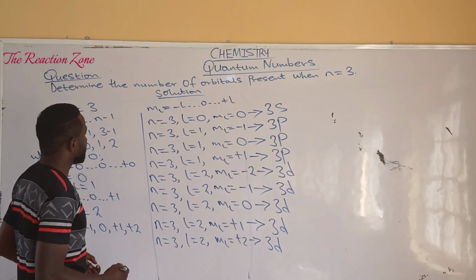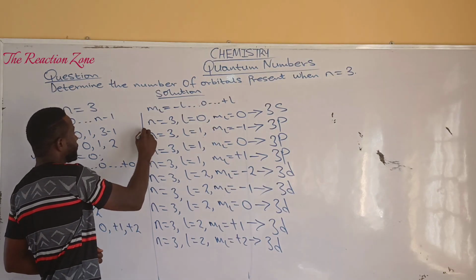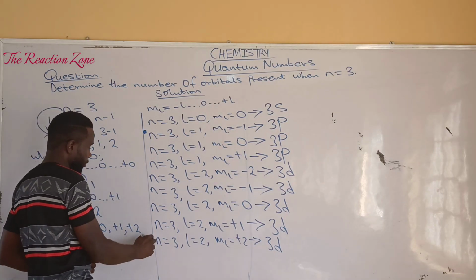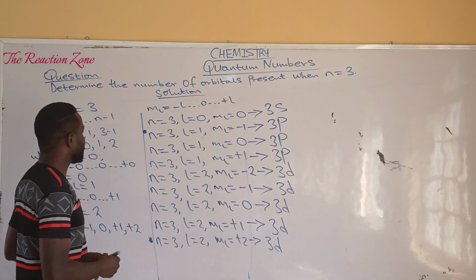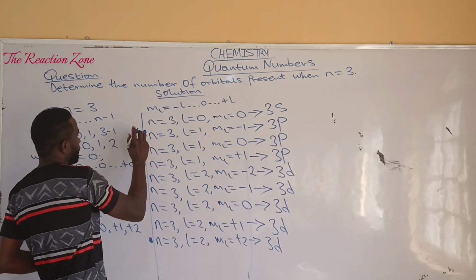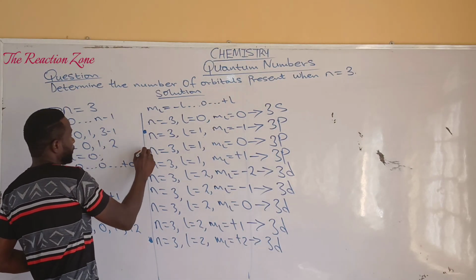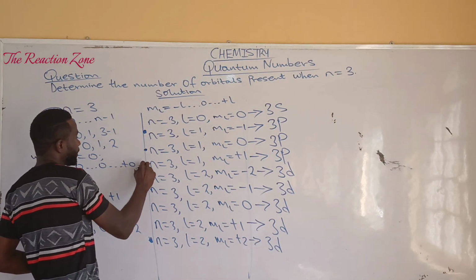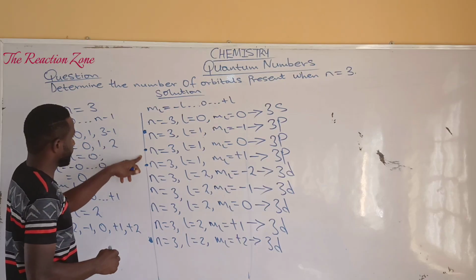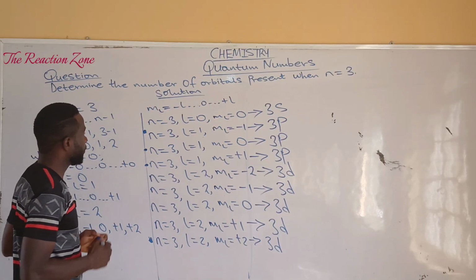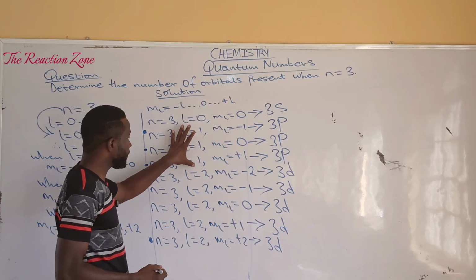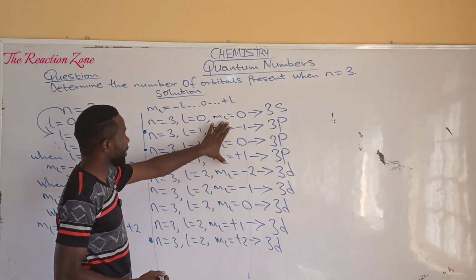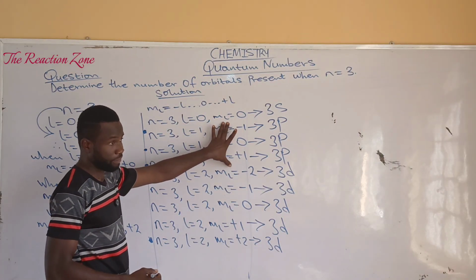When we look at this set of quantum numbers from here down to this place, we will discover that for this, as well as this one here, this 3, their values of the azimuthal quantum numbers are the same, but the values of the magnetic quantum numbers are different.